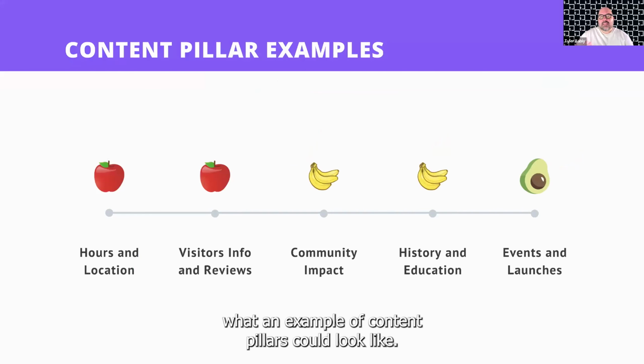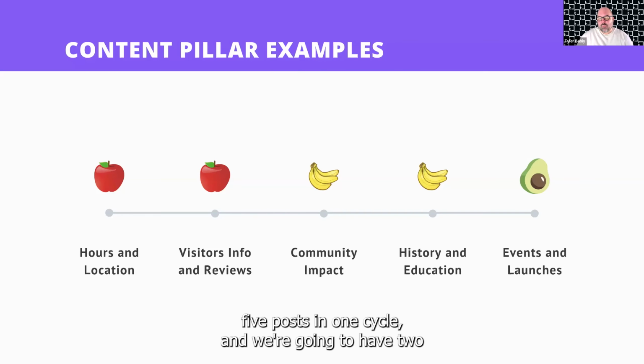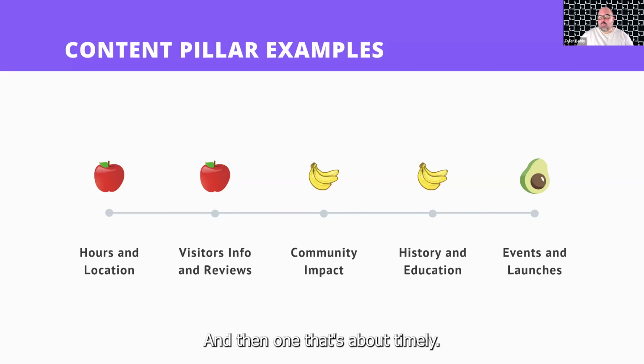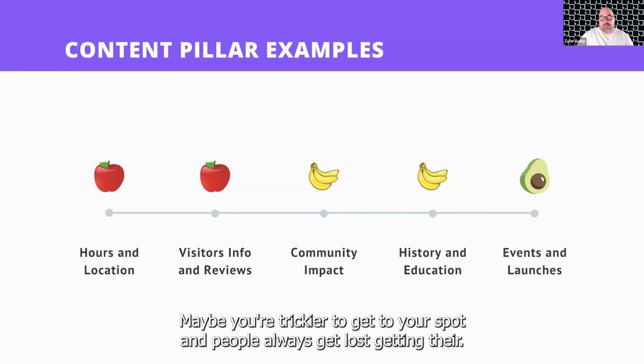This is what an example of content pillars could look like. Let's say we're an organization and we decide to have five posts in one cycle: two that are our basics, two that are our philosophy and big picture, and one that's timely. One of those posts is about hours and location, maybe you're a trickier spot to get to and people get lost.